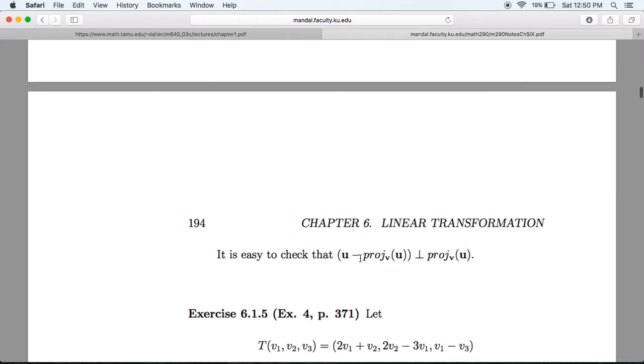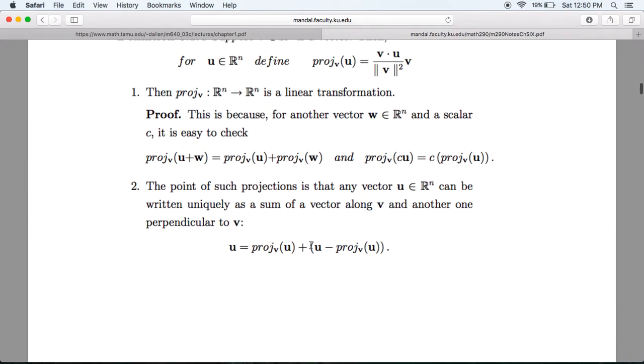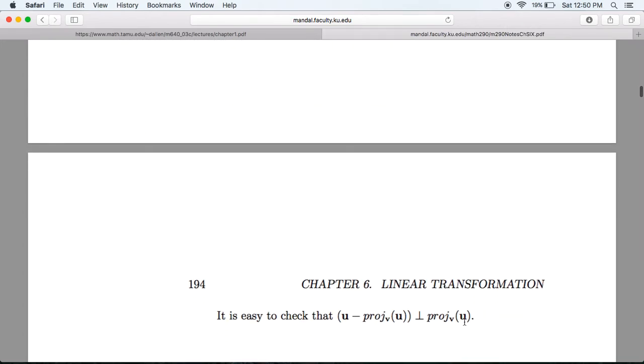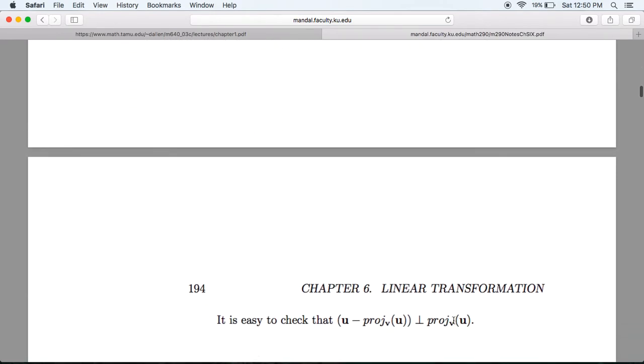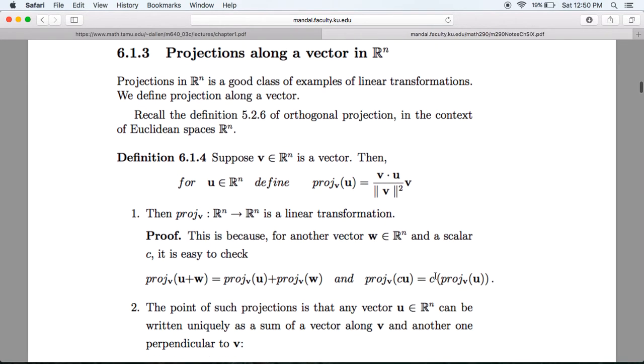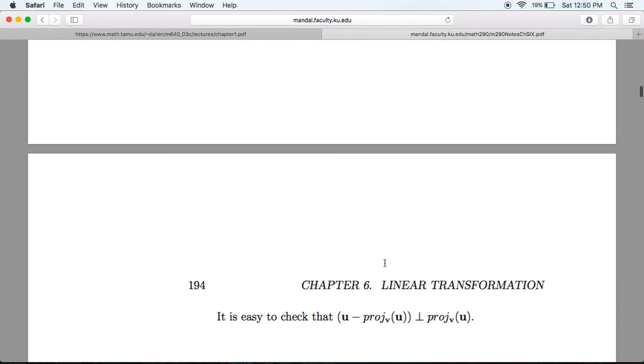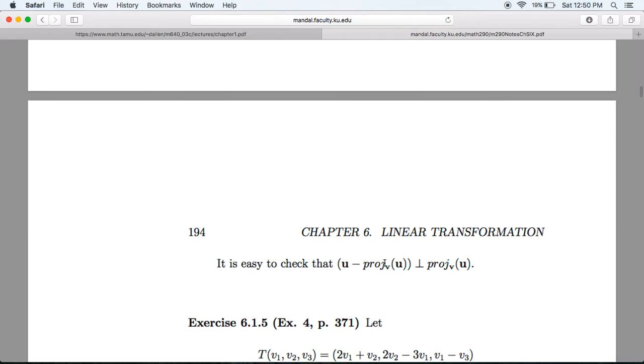We can check that this expression, u minus projection of u along v, is actually perpendicular to the projection of u along v. If we take the dot product, then it has to come out to 0.